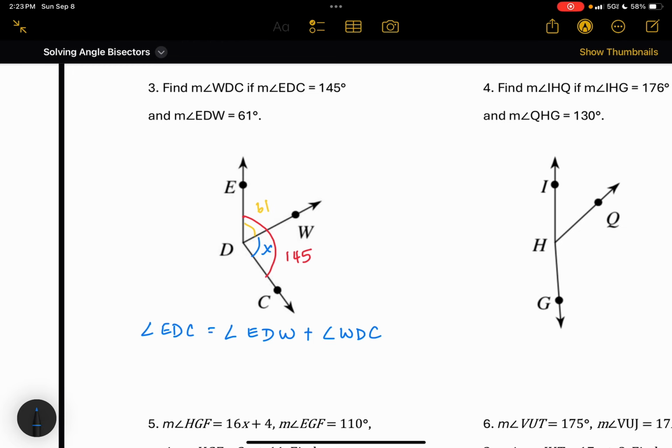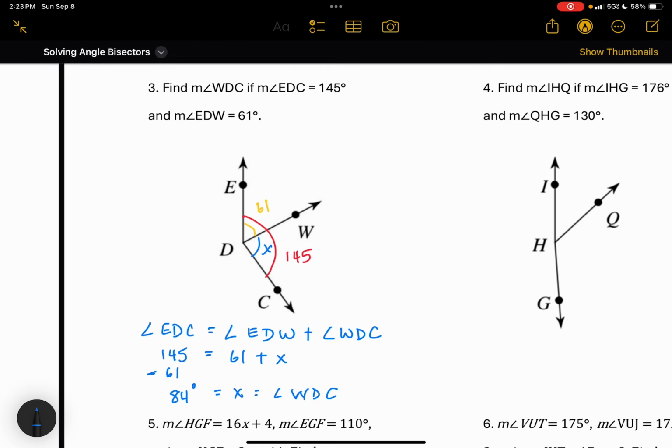The whole thing we said was 145. We said the EDW was 61, and we are looking for the other one. So if I subtract 61 from the 145, I end up at 84, so minus 61. That gives me 84 degrees for x, which is also going to be angle WDC.